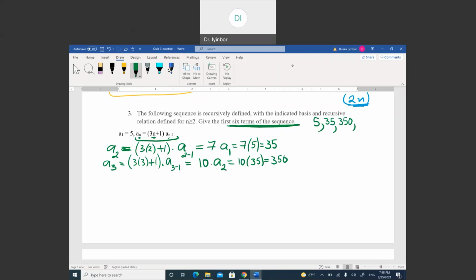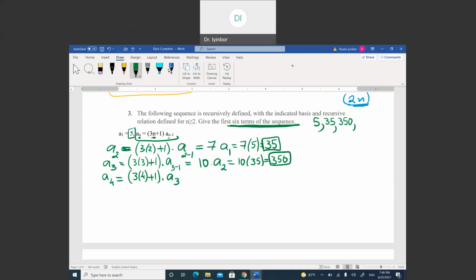Then I'm going to go to the next one, A4. I'm going to replace n with 4 now. So I have 3, 4 plus 1, multiplied by A4 minus 1 is 3, and A3 is this one here. So we're working with the numbers before. Okay?